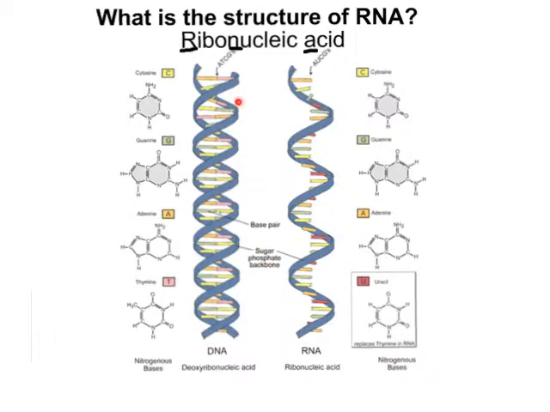So in our DNA, when we had thymine pairing with adenine, in our RNA molecule, we will have uracil and adenine. They won't pair though, because it's only a single strand. We don't have this other strand, okay? So uracil is replacing the thymine.